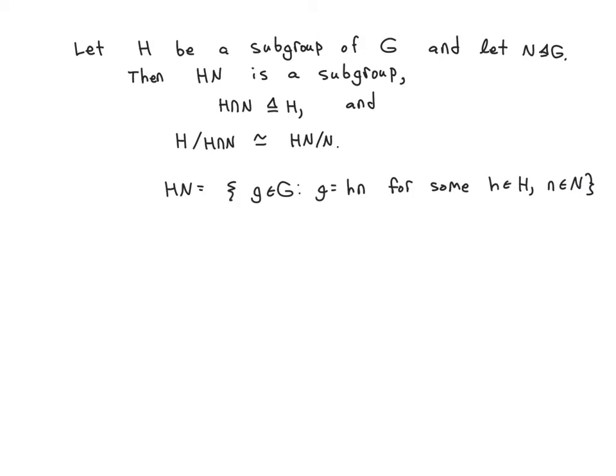In general, this set is not always a group, but when N is a normal subgroup, this set is. And one thing that wasn't clear is that H is a subset of HN, and N is a subset of HN, because these are examples where you set one of these factors equal to the identity element.